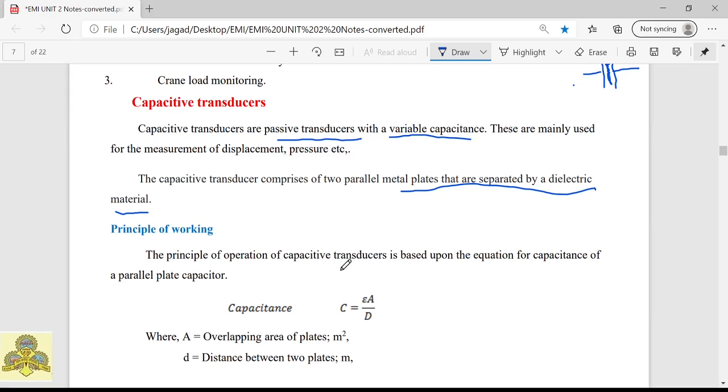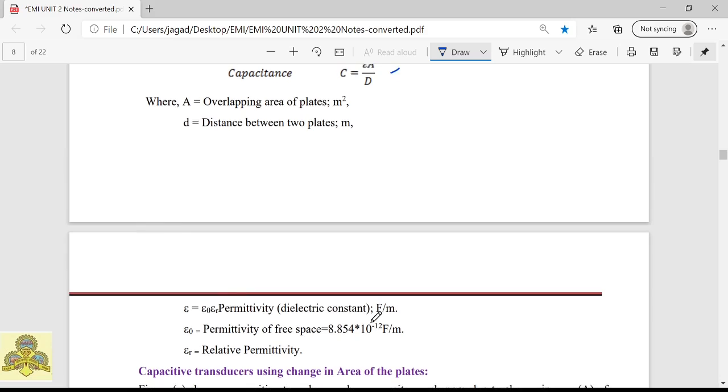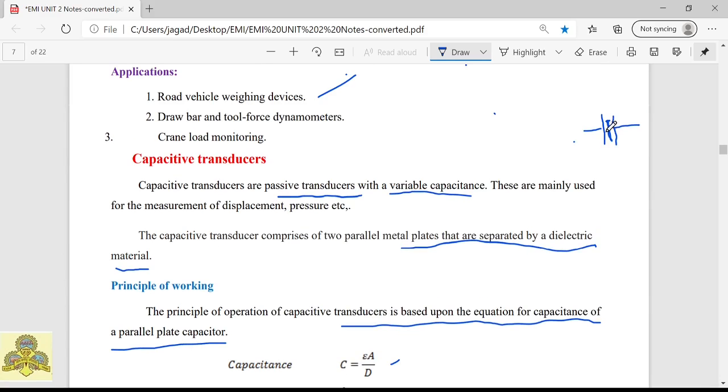The operation of the capacitive transducer is based on the equation of capacitance of the parallel plate capacitor. Capacitance equals epsilon A divided by D. Epsilon is the permittivity of the dielectric material.